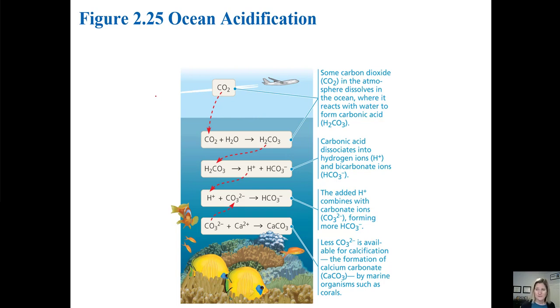Carbonate ion concentrations have declined, and we think by 2100 they will have declined by 40%. And so we think as that calcium carbonate declines, it's going to cause a domino effect with our aquatic ecosystems. And it all has to do with the amount of carbon dioxide that's in the air. If there's too much, it changes the chemistry of the ocean.